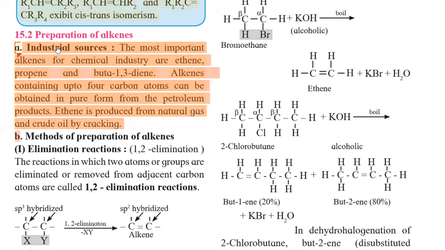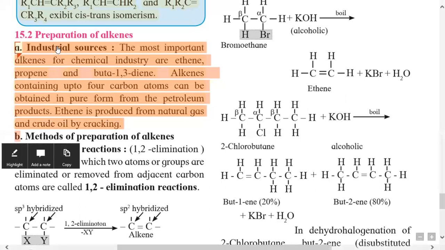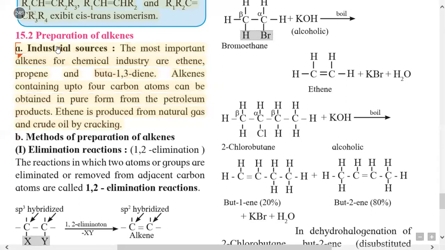Cracking means pyrolysis, and cracking involves strong heating so that breaking of carbon-carbon bonds takes place. That is called cracking. So crude oil by cracking gives alkene as one of the products. So these are the industrial sources, that is the natural gas and the crude oil.